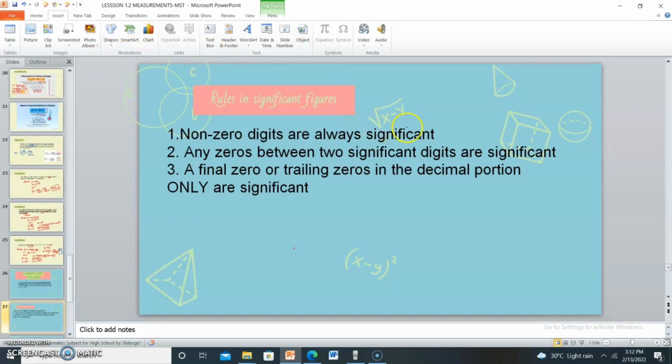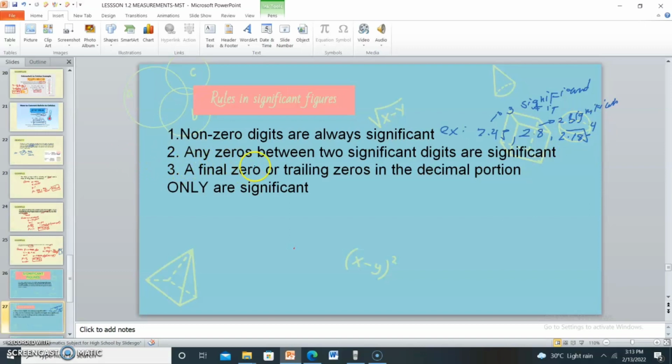For example, 2.45 has 3 significant figures. Another example is 2.3, 2 significant figures. Or 2.185, that is 4 significant figures.